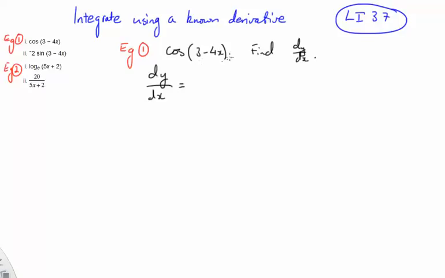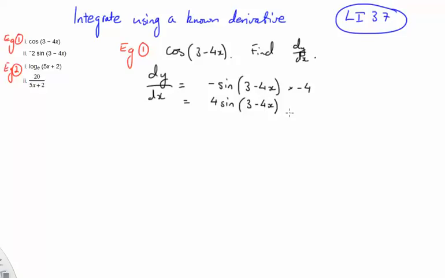It's the chain rule: diff of the outside, so cos diffs to negative sine, times diff of the inside, the negative 4. So that's 4 sin(3 - 4x).